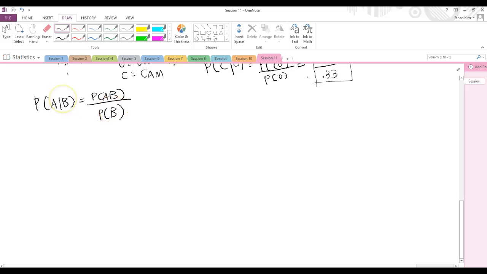And if you were to multiply these two, what do we get? P of A and B equals P of B times P of A given B. Okay, so this is called the multiplication law of probability.